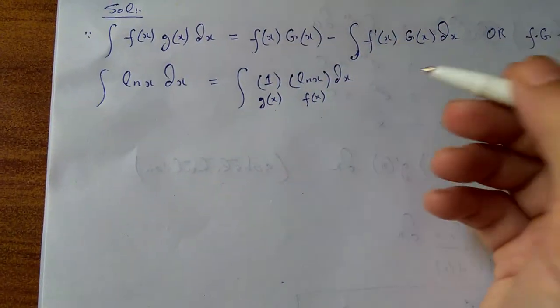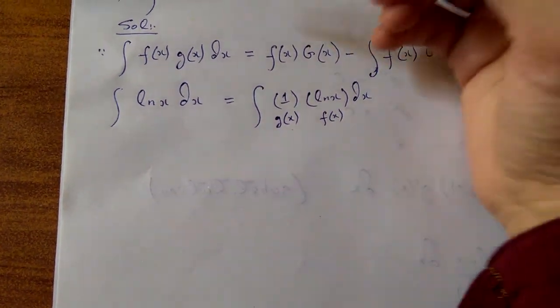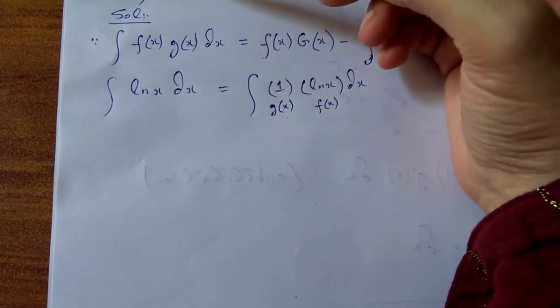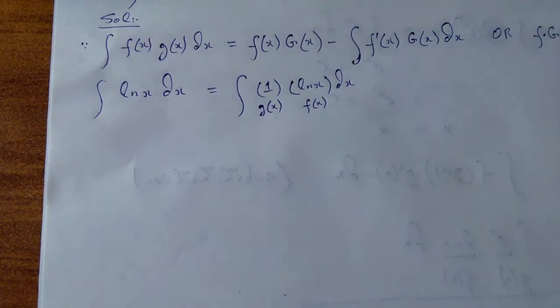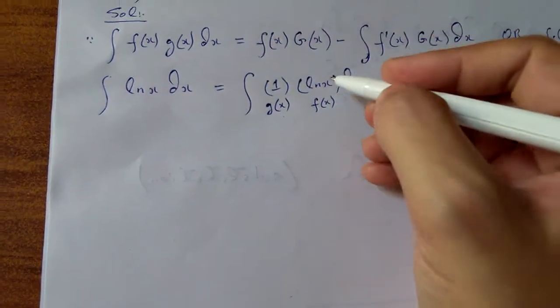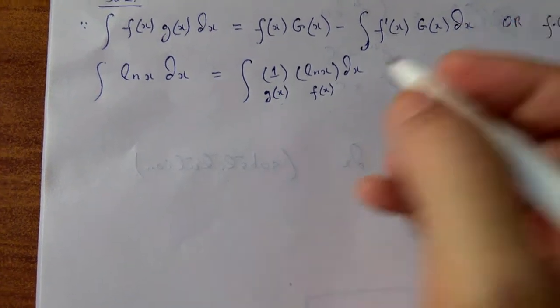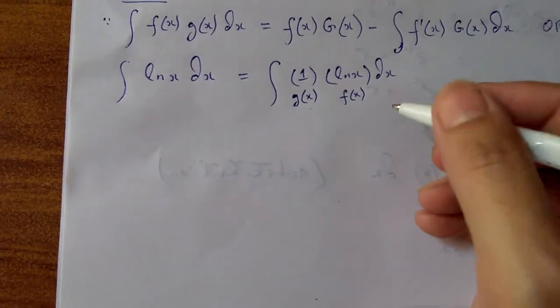But in case you are having an integrand as a product of two functions, out of which only one function's derivative exists and the other one does not exist, in that case you better take that function whose derivative exists as f of x only. Okay, so just keep yourself focused on the nature of the integrand.